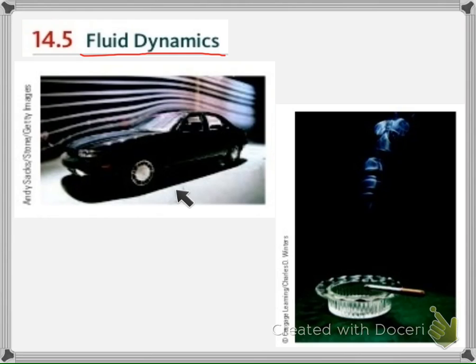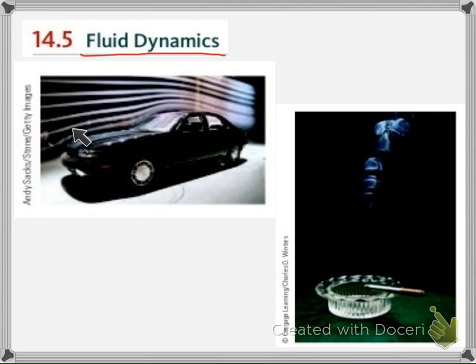If you look at this figure, this is in the wind tunnel. They test the aerodynamics of a car, and they flow the air that hits the car, and look at the pattern of the flow of the air when it passes the car.